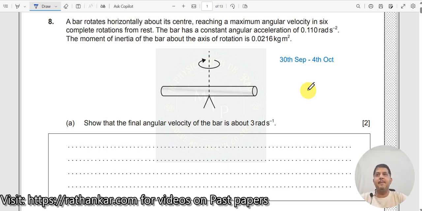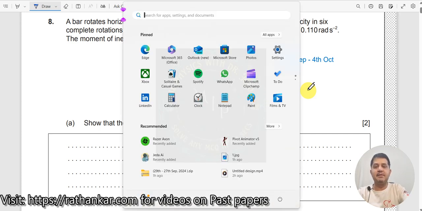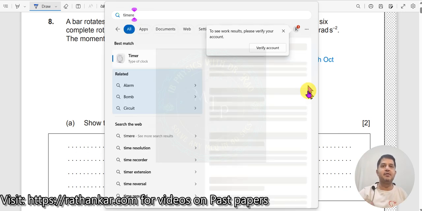Okay, I think everything is adjusted correctly. Now let me see, this paper is for 2 plus 1, 3 plus 1, 4, 4 plus 2, 6 marks. This is a much lower value here.